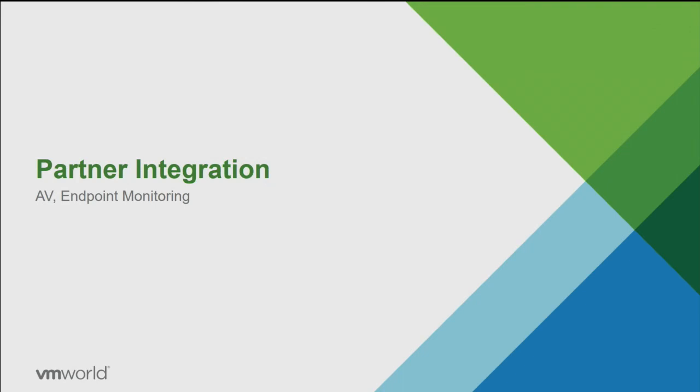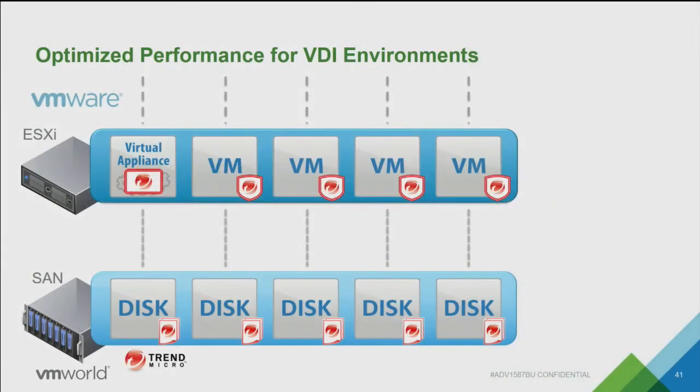Another important capability of NSX as a network and security platform is our partner integration. One of the main use cases for this, for end user computing and VDI environments, is agentless antivirus. With NSX, we have a capability called guest introspection that allows for optimized antivirus, so you no longer have to have an agent on each virtual desktop.